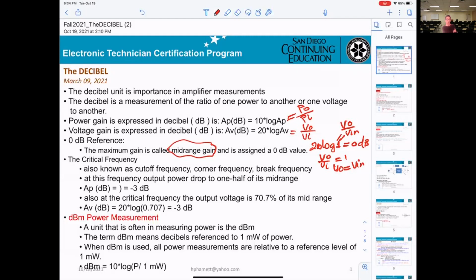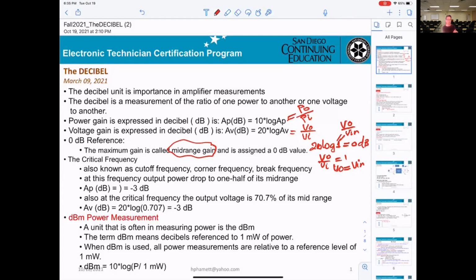That means you take your P out divided by P in. If you want it in decibel, then you must use the formula 10 times log of that ratio. Then you come up with how many decibels.